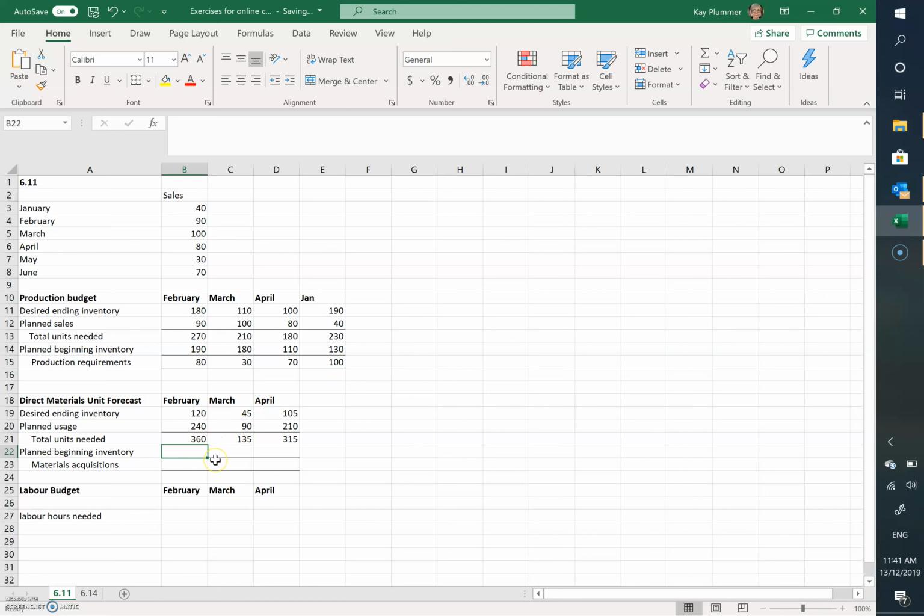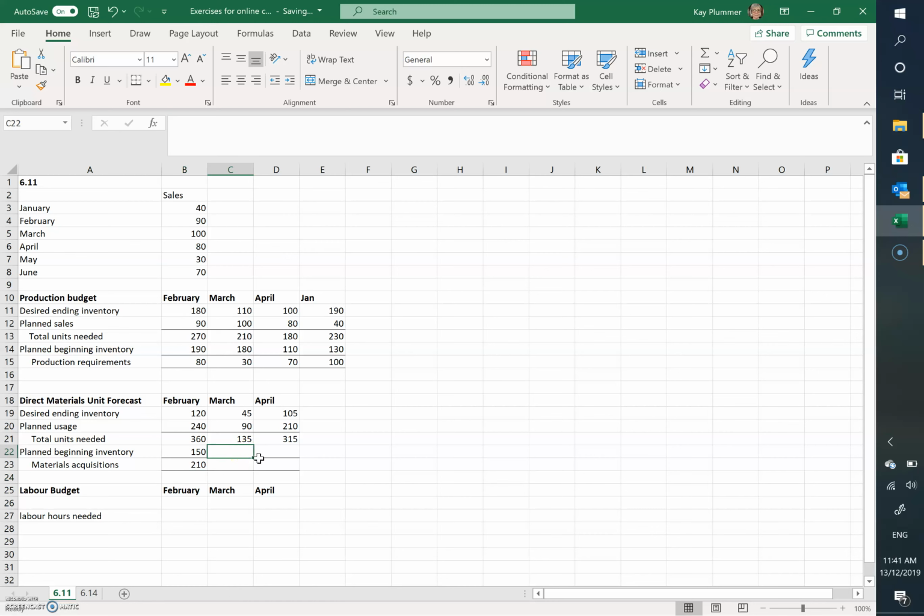So our planned beginning inventory of materials is going to be 3 times our production requirements, because there are 3 items of material in each finished good, divided by 2 because we only need half of that, so we've got 150. So our material acquisitions are 360 minus 150. So it gives us 210.